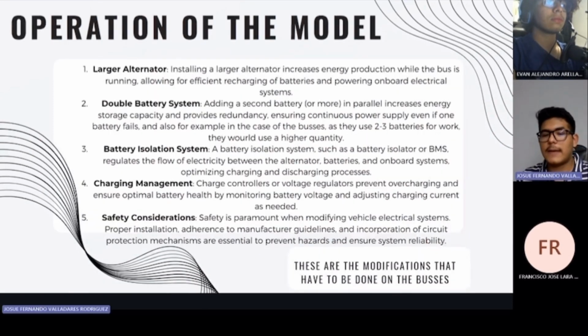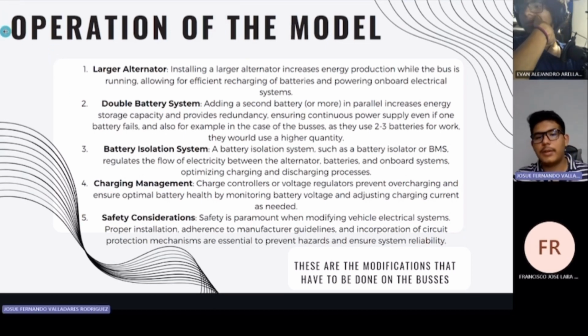Here are the modifications that have to be done on the buses. Like I said, it was the larger alternator and the double battery system, because they already have a double battery system. We'll put more batteries. They have to be isolated because it regulates the flow of electricity between the alternator, batteries, and onboard systems, optimizing charging and discharging processes.